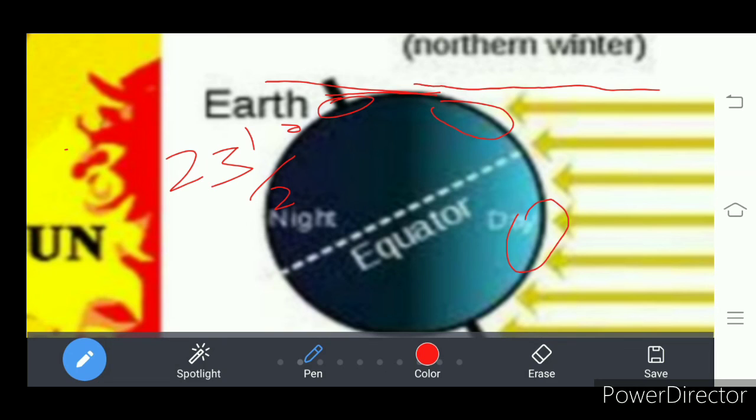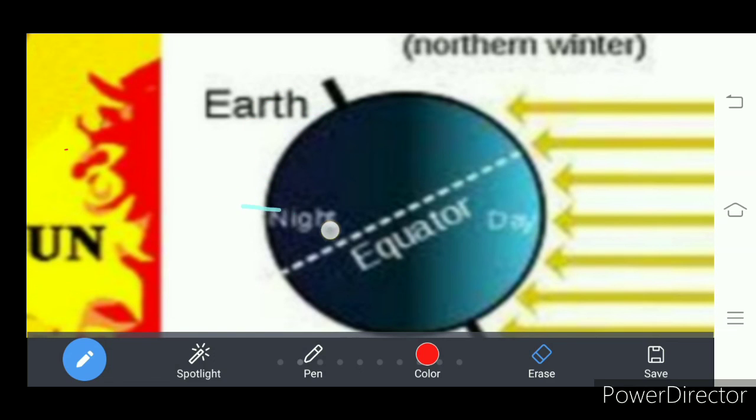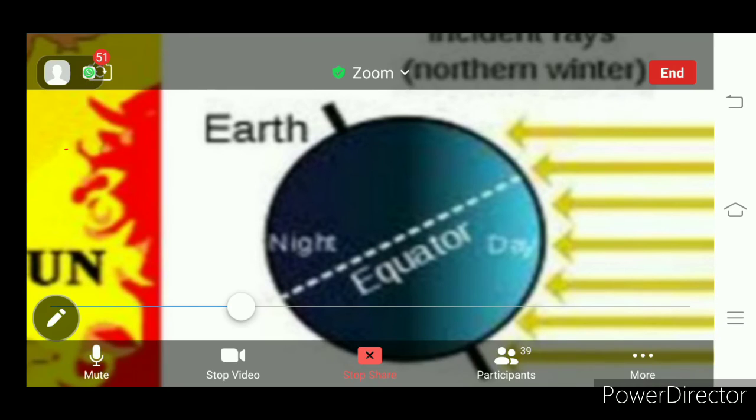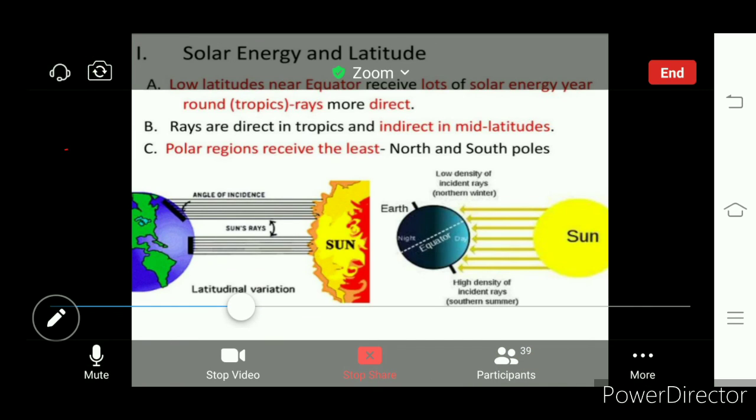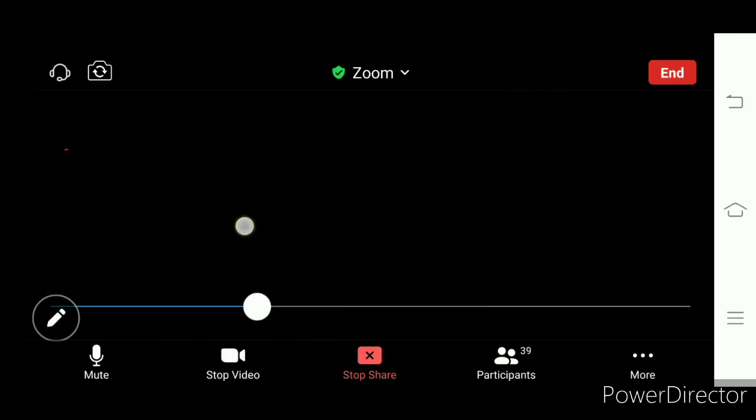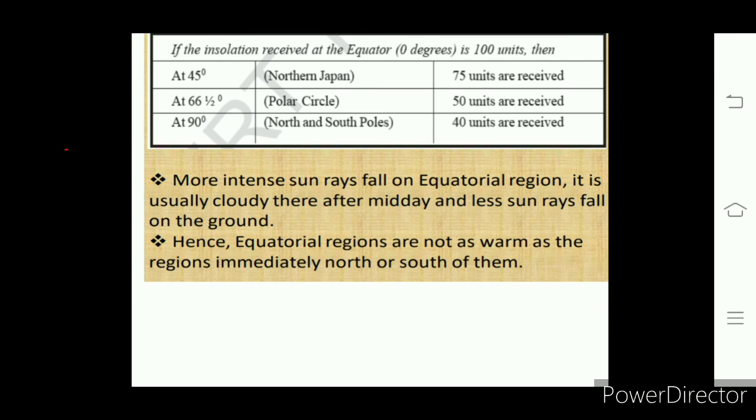So at low latitudes, insolation is high, and at higher latitudes, insolation is less. It means that where insolation is high, there the temperature is high. Where insolation is low, there the temperature is low. So what do you understand here?